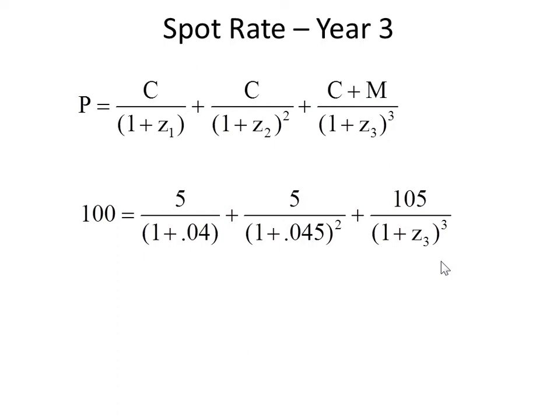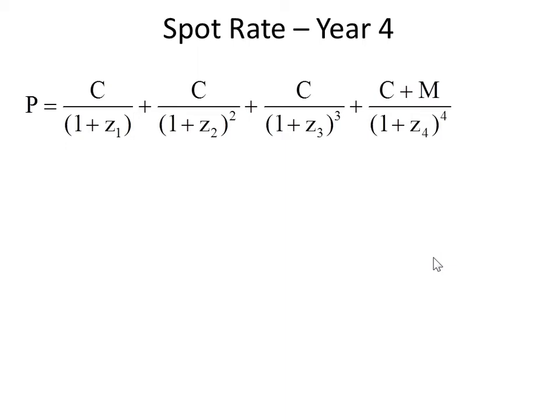Our coupon payment in year 2 is $5. Our spot rate that year was 4.5%, so we discount that cash flow back at 4.5%. Our final cash flow is $105 in year 3. We don't know the spot rate for year 3 because that's what we're calculating. If we calculate our spot rate for year 3, we come up with 5%.